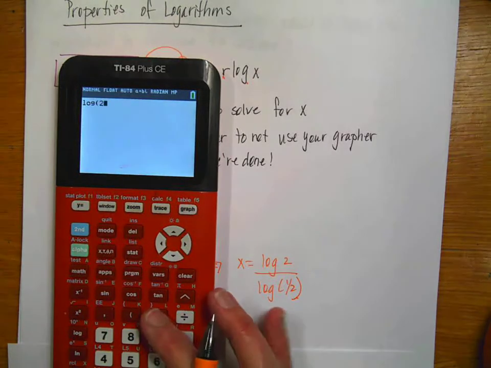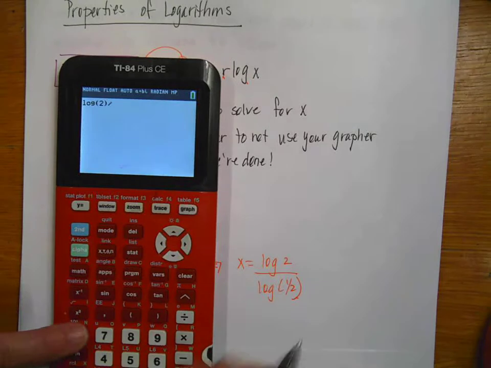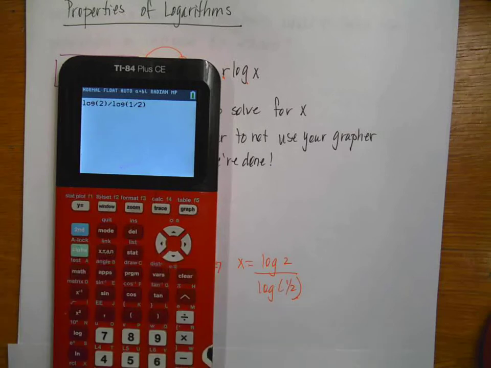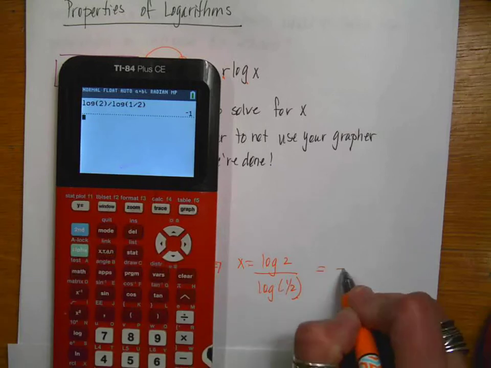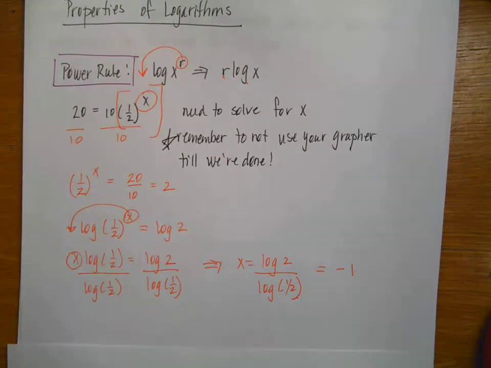It opens a parenthesis, so after I put the 2, I need to make sure that I close that parenthesis and then divide it by, and then I'm going to do the log of 1 divided by 2. Now you can see that I have the same thing here as I do here, and I hit enter, and I get that the answer is -1. So the power rule allows me to solve for x. And so we're going to use that in some of our next examples.